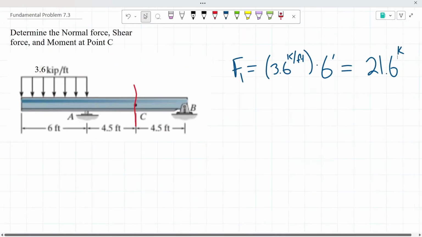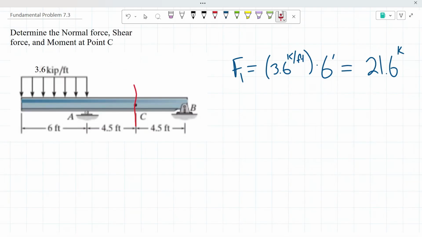Now, as for the location of that concentrated weight, as you can see, this is a uniform loading. It's in the shape of a rectangle. Because it's a uniform, constant weight, we know that our concentrated force will be found right in the middle of that span.